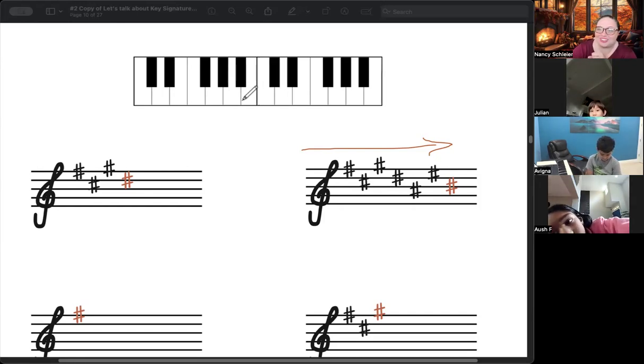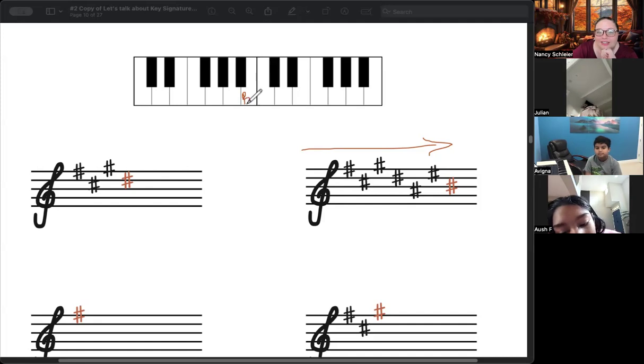This is why I wanted to do this one especially together, because this is a weird one. We get into some really weird key signatures the more sharps and flats we get. So he is absolutely right. This is B, but this is B sharp. Why is that B sharp?